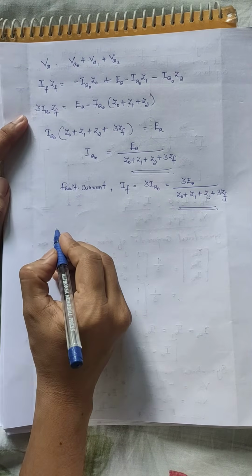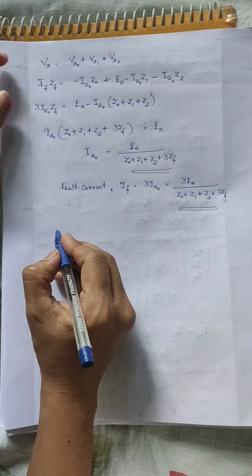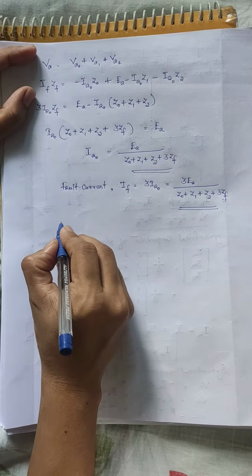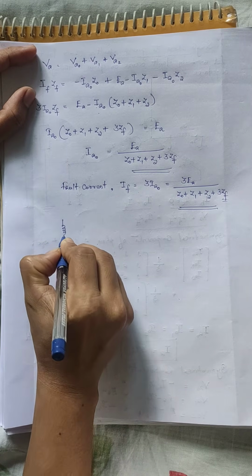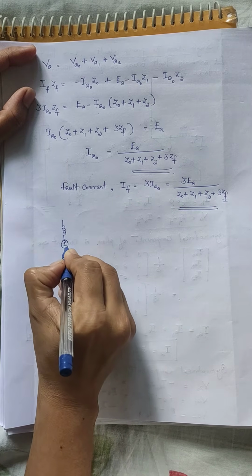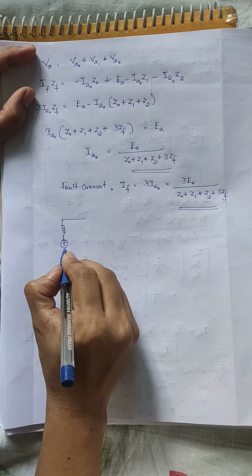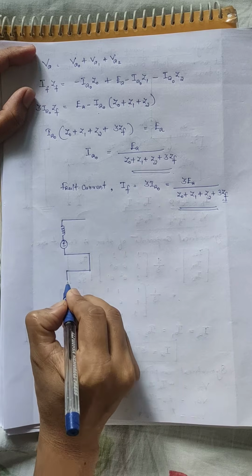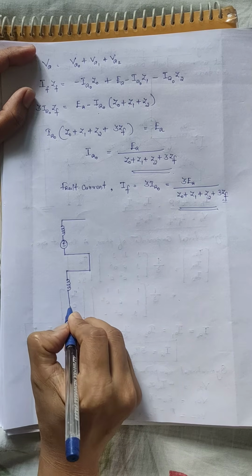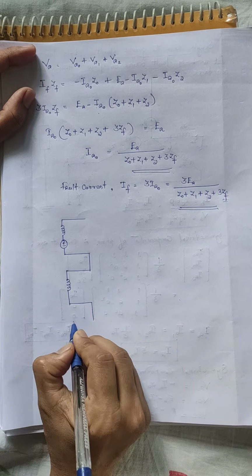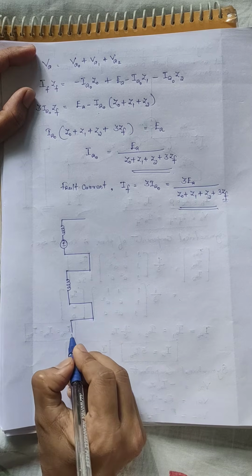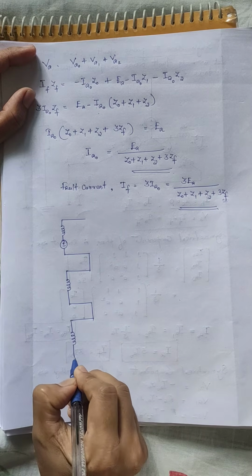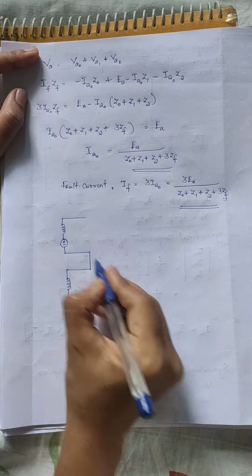So the sequence network corresponding to single line to ground fault becomes: this is the positive sequence network, then the negative sequence network, and then the zero sequence network. All of them are connected in series.